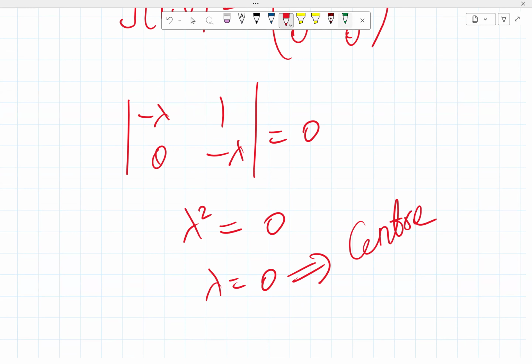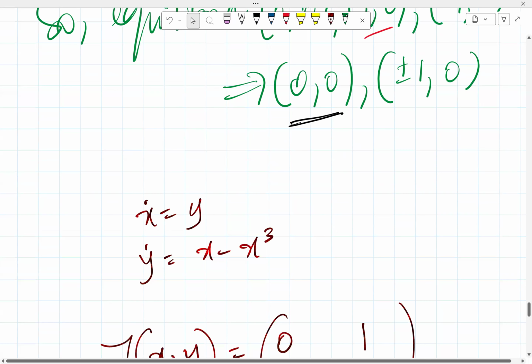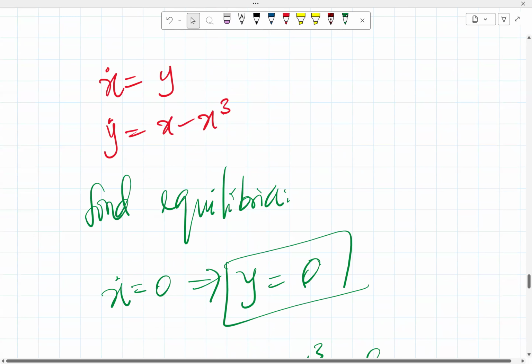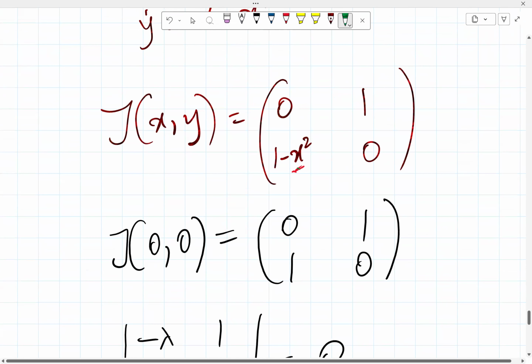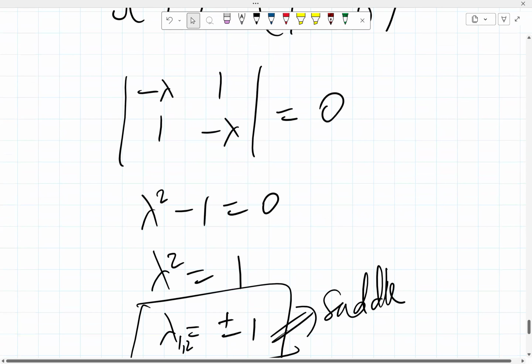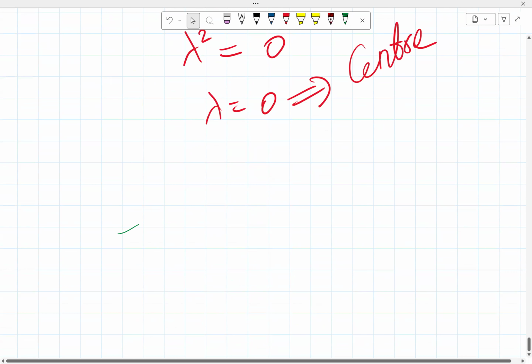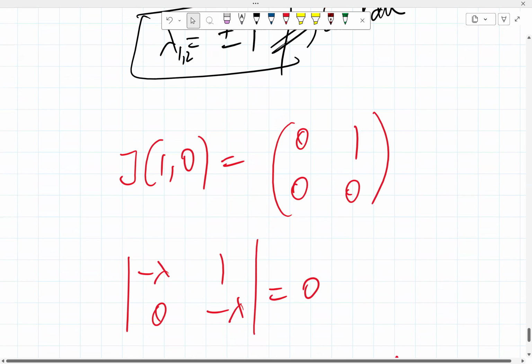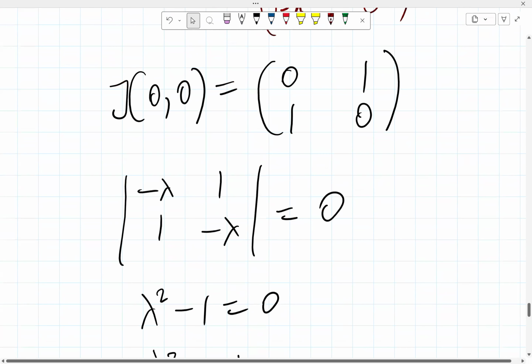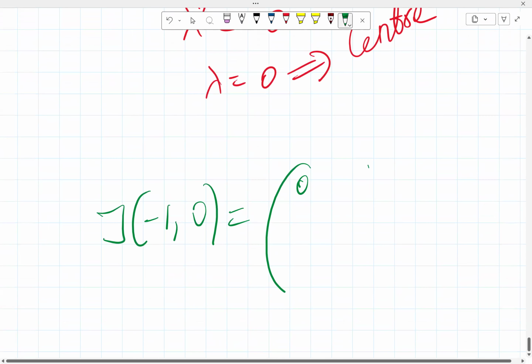I think we're also going to get a center for the last one, which is minus 1, 0, because if you square minus 1, you get 1. So again, J at minus 1, comma 0, the matrix is 0, 1, 1 minus x squared, so 0, 1, 1 minus 1 squared.